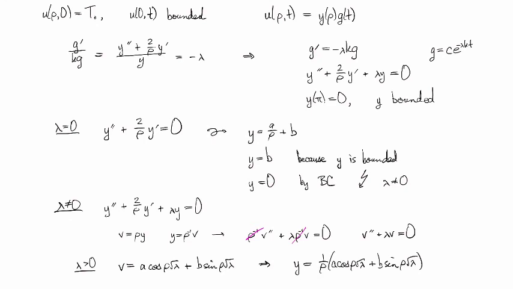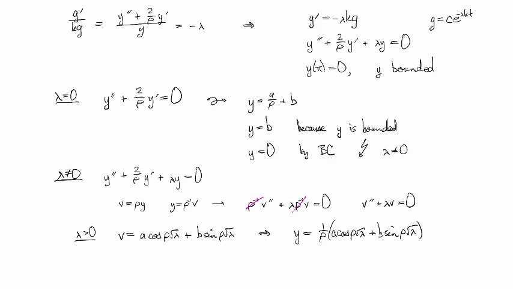Once again, since y is bounded, when we look at rho equals 0, you can see that the cosine term is going to try and make things diverge, because cosine tends to 1.